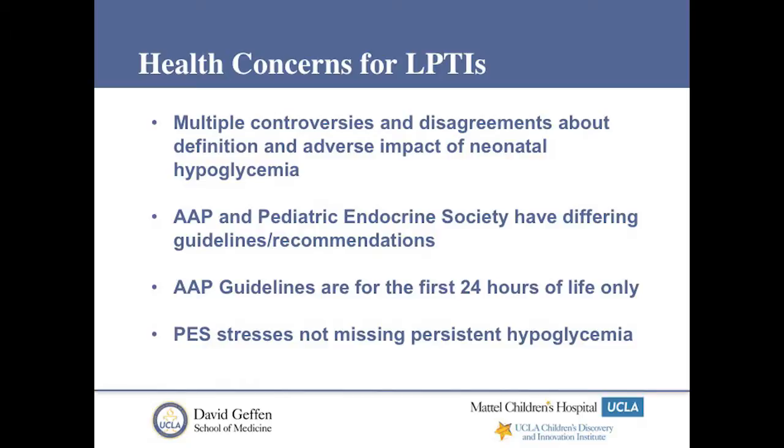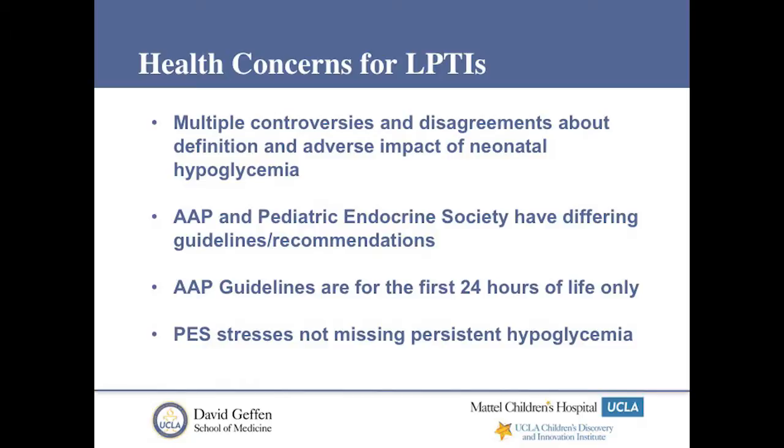Next up, and I'm not sure if I saw any of our endocrinologists in the audience, the American Academy of Pediatrics and the Pediatric Endocrine Society have very different guidelines and recommendations in terms of approaching neonatal hypoglycemia. The AAP came out with their guidelines in 2011, the PES had their guidelines in 2015.